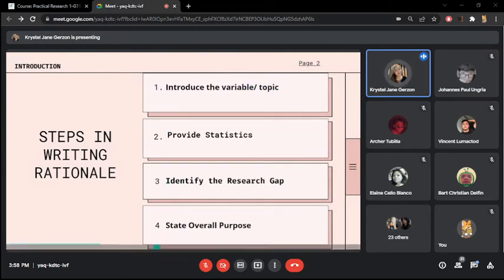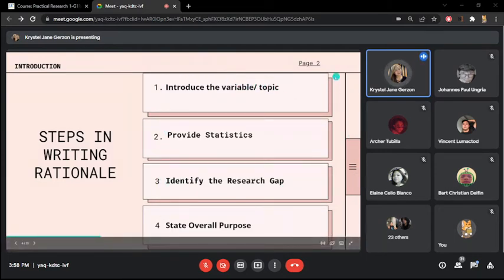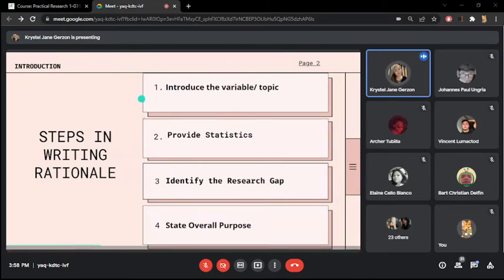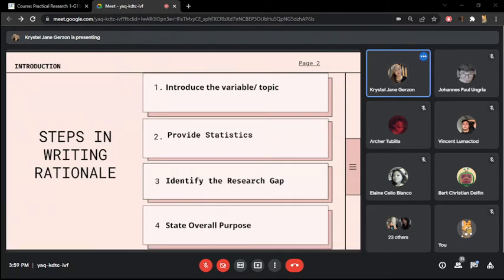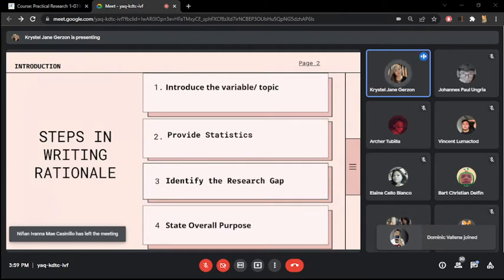And this would also serve as your guide when you write your rationale, so that your ideas do not get messy. You can organize your ideas using these guidelines or these elements. So first, introduce, then provide statistics, provide the research gap, and then state the overall purpose.